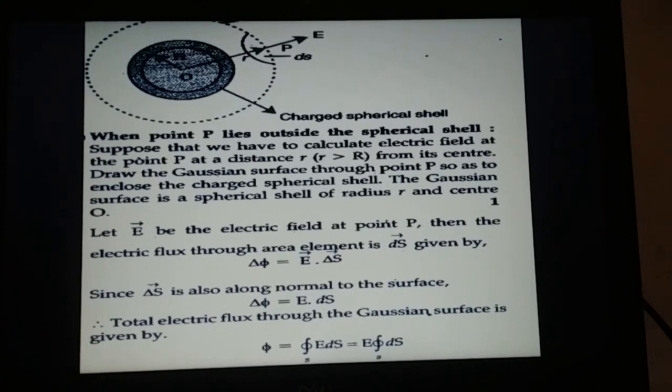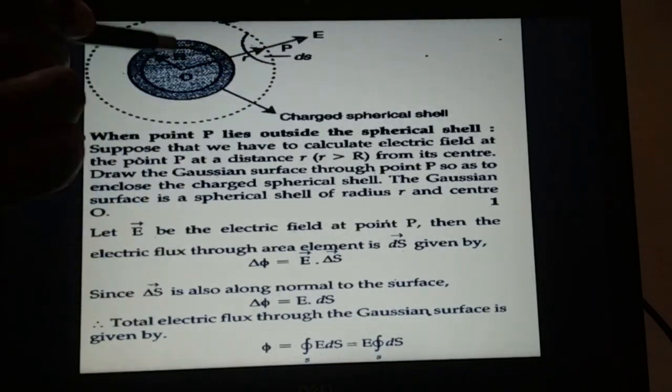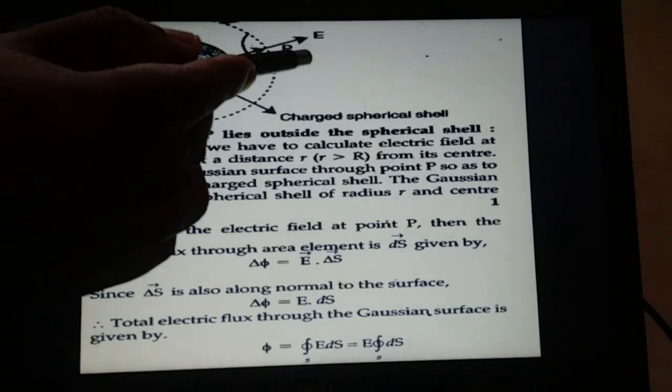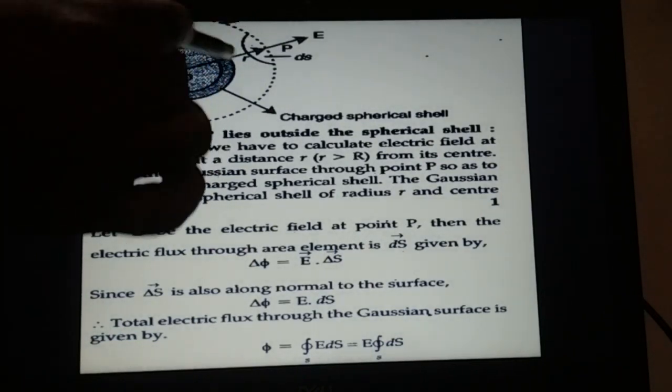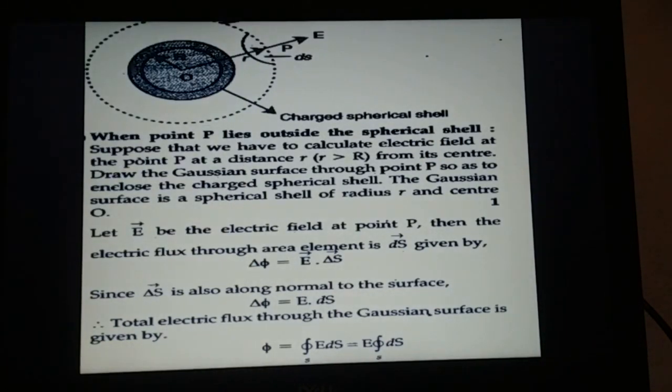Then the required point will lie over the circumference of our Gaussian surface. Now this point P is outside our conducting thin shell. Our required point is outside the shell, that is small r is greater than capital R. Is it clear? Okay. Then on the surface surrounding that point P, you are considering a small area ds.